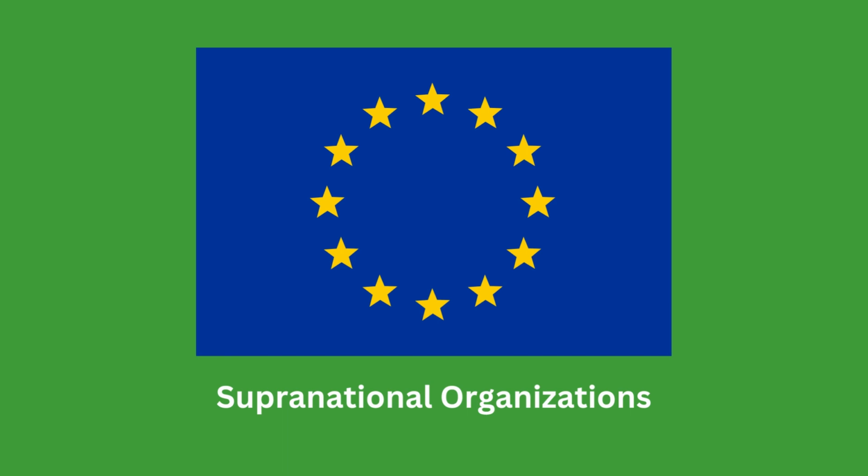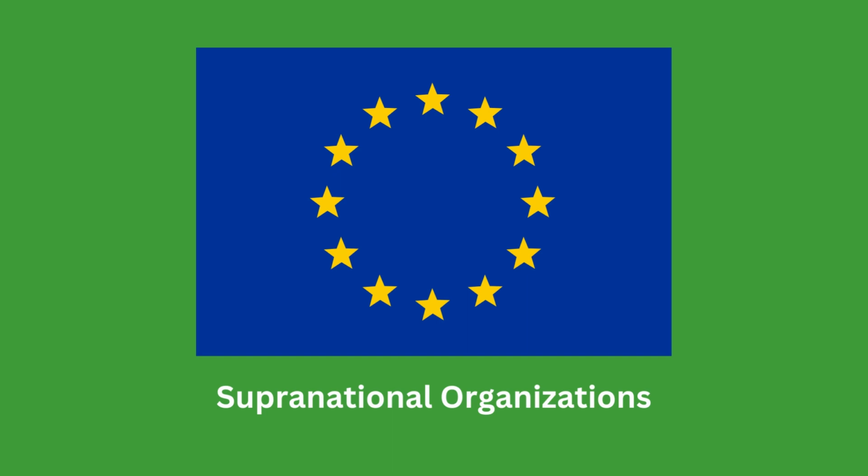The final thing that I want to talk about, just to introduce, because we're going to be talking about Great Britain, is a supranational organization. A supranational organization is an organization that transcends national boundaries and which reduces the level of sovereignty of every nation under its control.